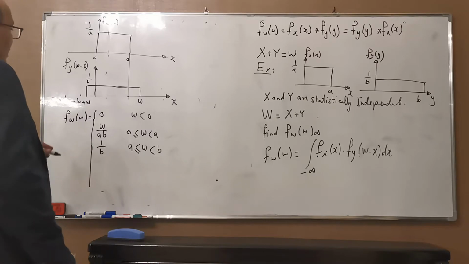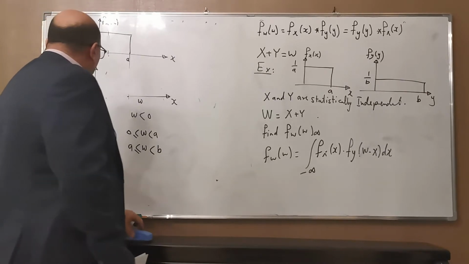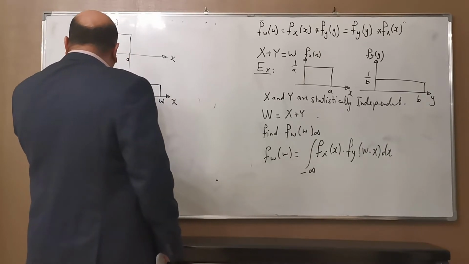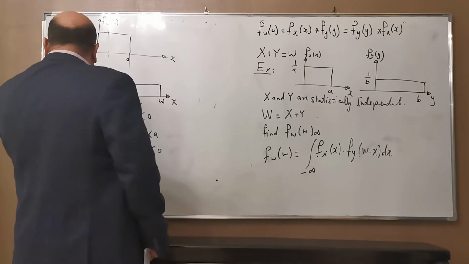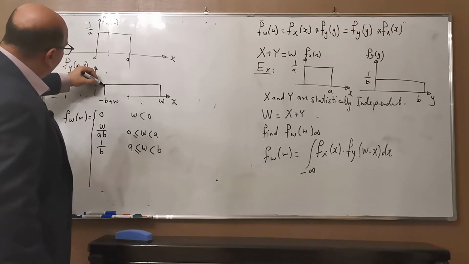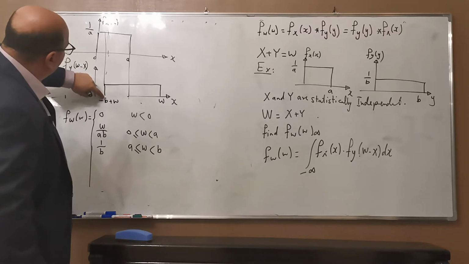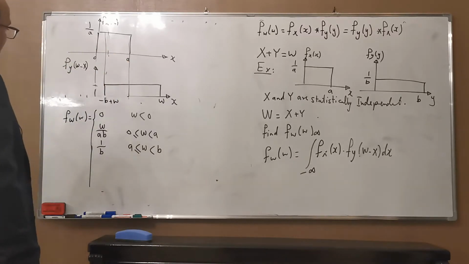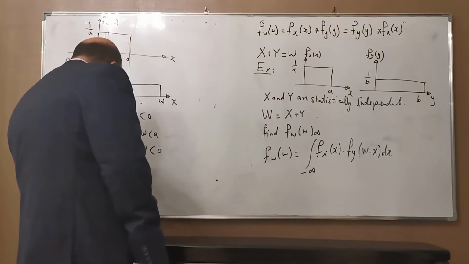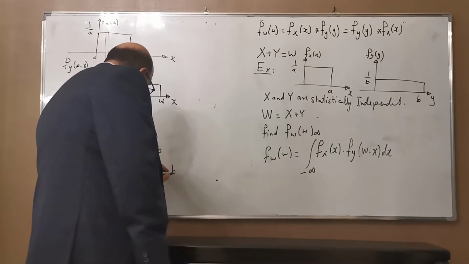Okay. Now, if we go beyond this, and now we are having some value like this. So this is w, and this is minus b plus w. But minus b plus w now is going outside. So the range of overlap is from this value here up to a. So this is the overlap, but w will be going from greater than or equal to b, less than a plus b.